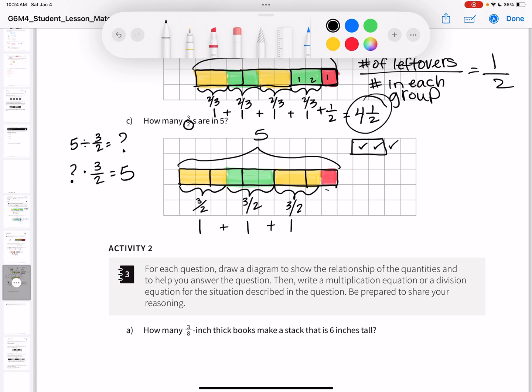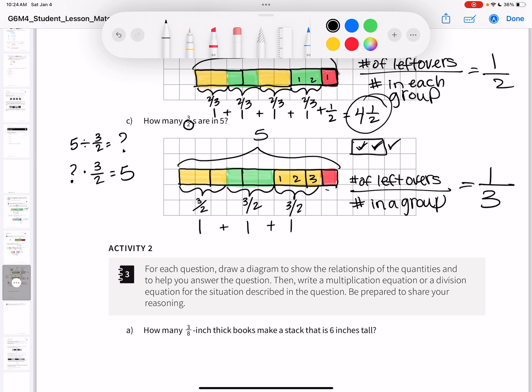Now, remember, we're doing number of leftovers over number in a group. In this case, we have 1, 2, 3 in a group. 3 pieces in a group. And how many leftovers do we have?